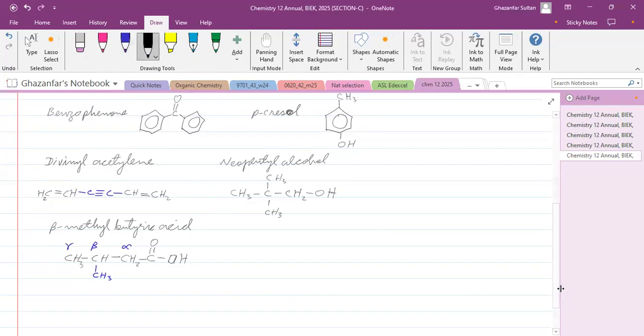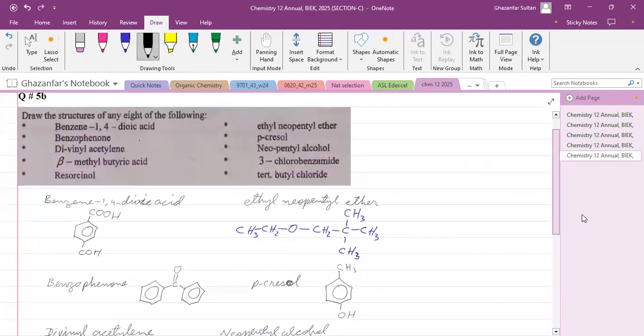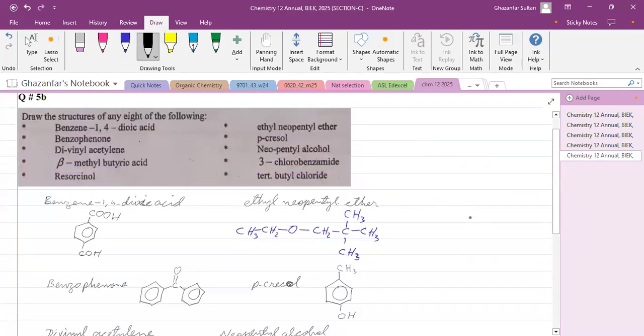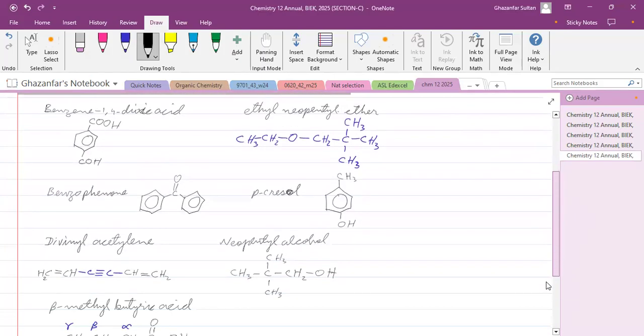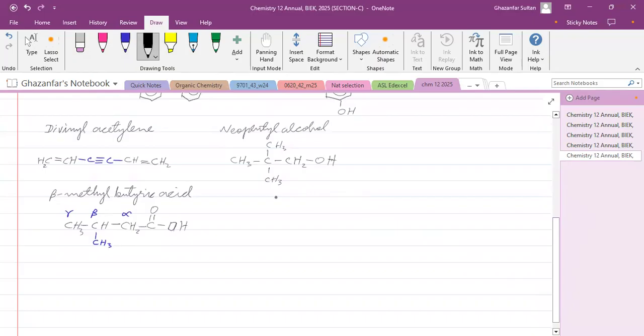And now see the next one. Next one is 3-chlorobenzamide.